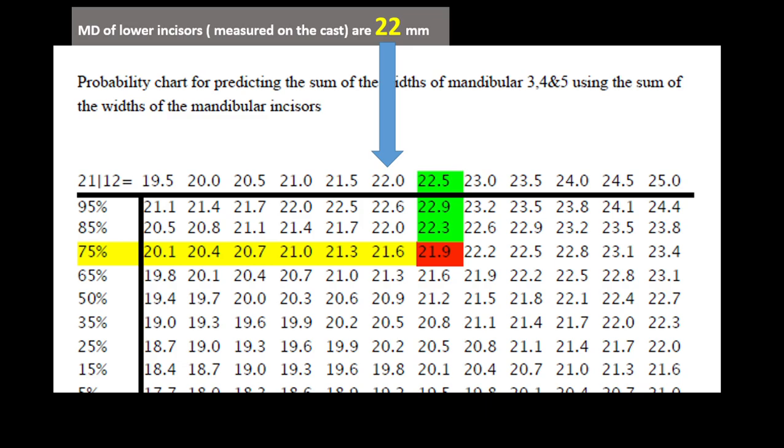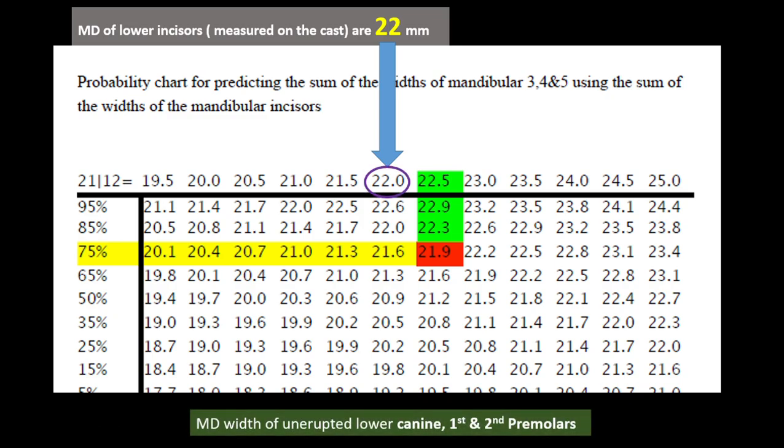In the table, we will go to 22. The mesiodistal width of the unerupted lower canine, first and second premolar is 21.6.